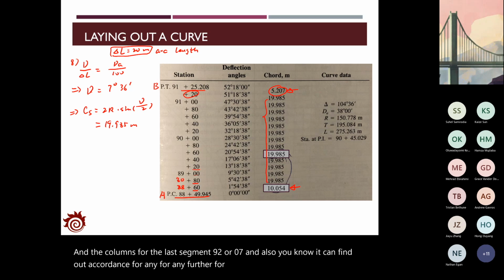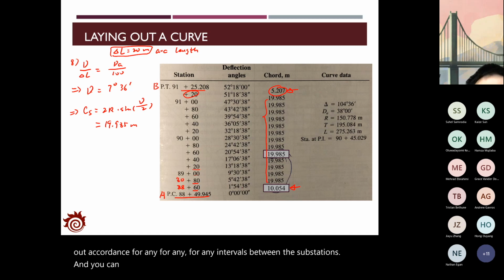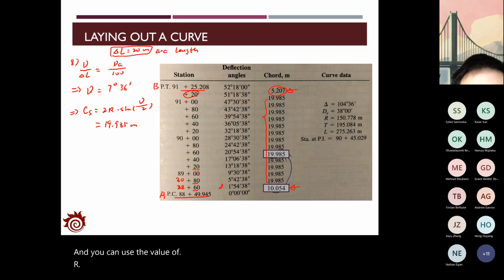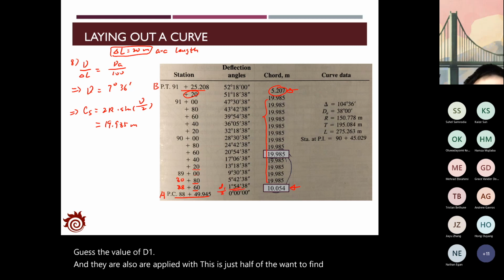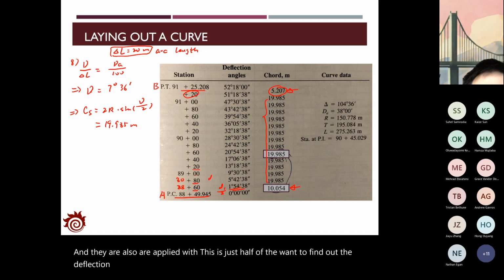Also you can find out the chord length for any intervals between the substations, and you can use the value of D1, which is half of D1, to find out the deflection angle. For the second one that will be D1 plus D divided by 2.